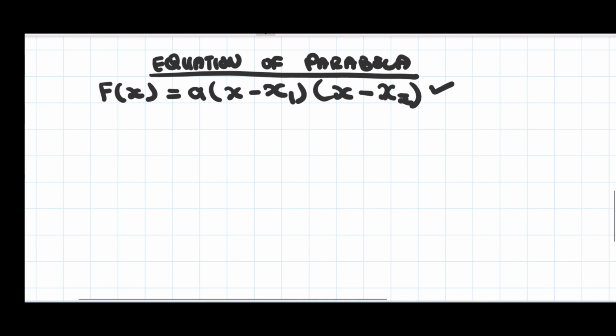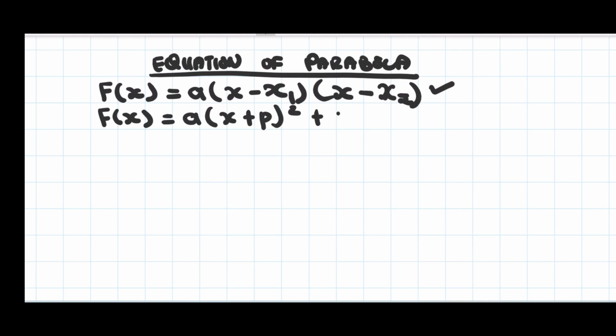You use this formula of f of x when you are given the x-intercepts plus a random point on the parabola. And the second one is f(x) = a(x + p)² + q.